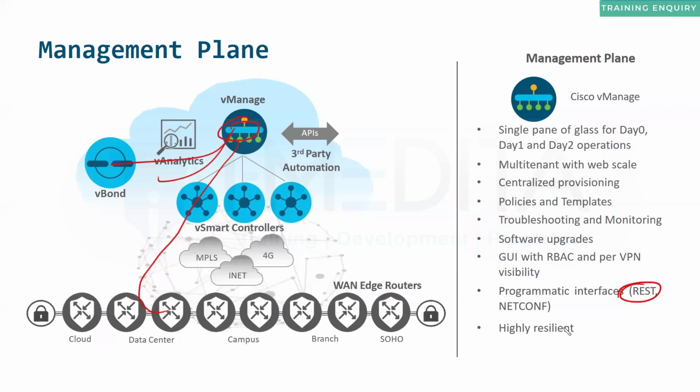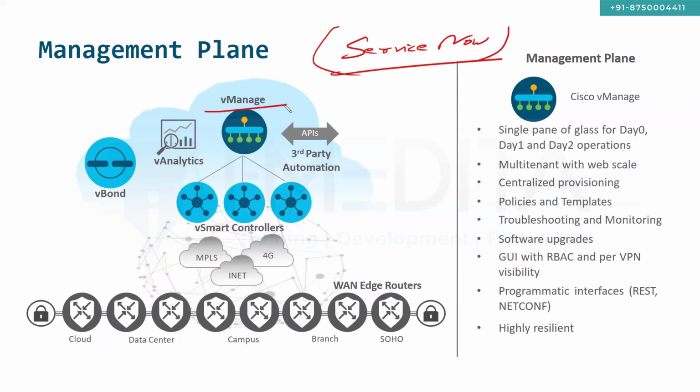automation. Like I'll give you one example, and this is what we actually did for one of our customers. They had a subscription to ServiceNow. Now what the customer wanted was, if vManage gets an event, for example, of an OMP peering going down, or let me give you one small example.